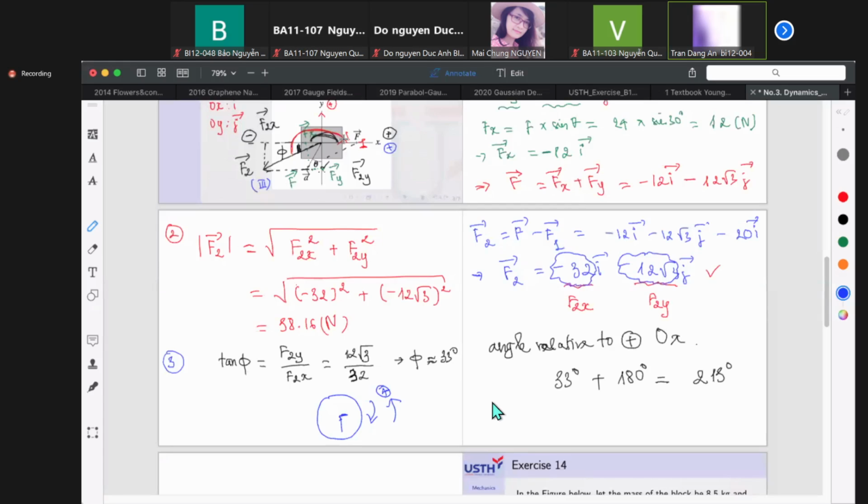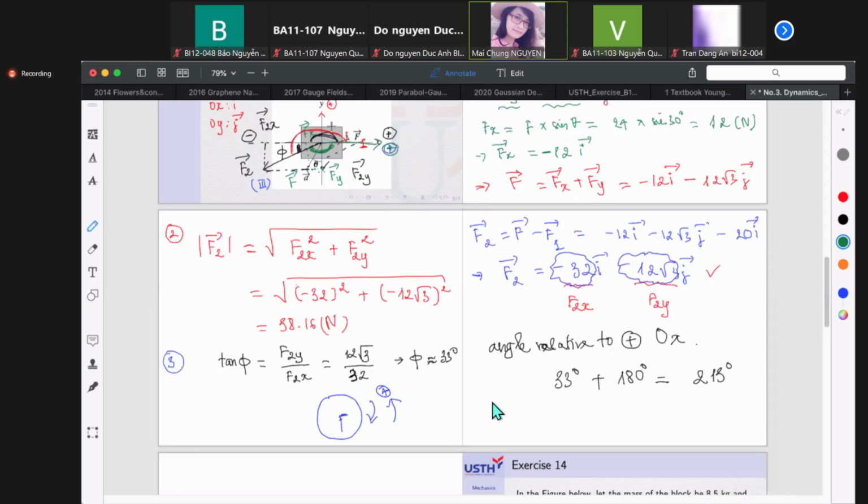Another way you could consider the angle here, right? Yes, so both angles will be okay. No, in this case, I think it's the anti-clockwise because you have the positive here, right?